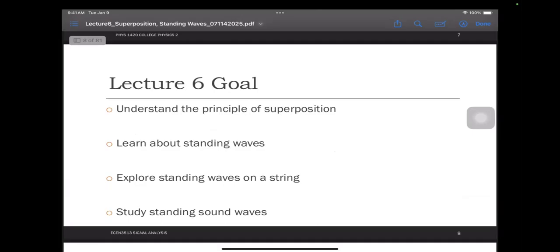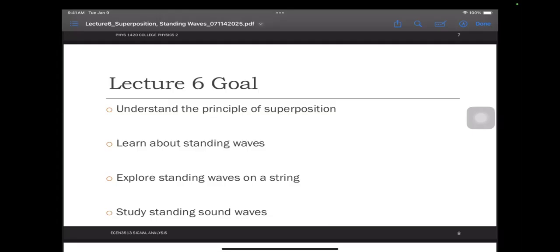This is today's goal. Firstly, let's understand the principle of superposition. Then we will learn about standing waves: what standing waves are, how they come about, and how to represent them.